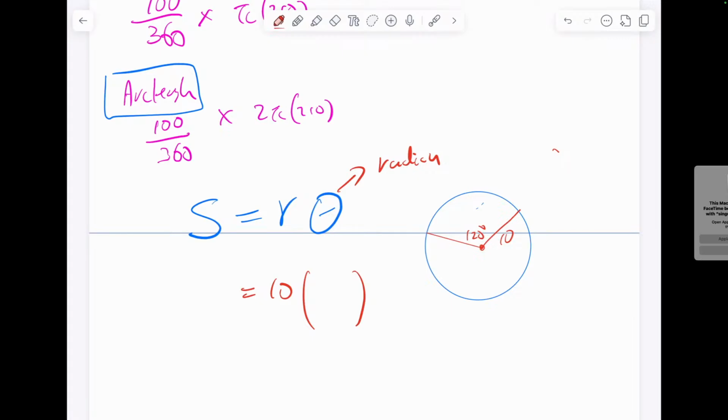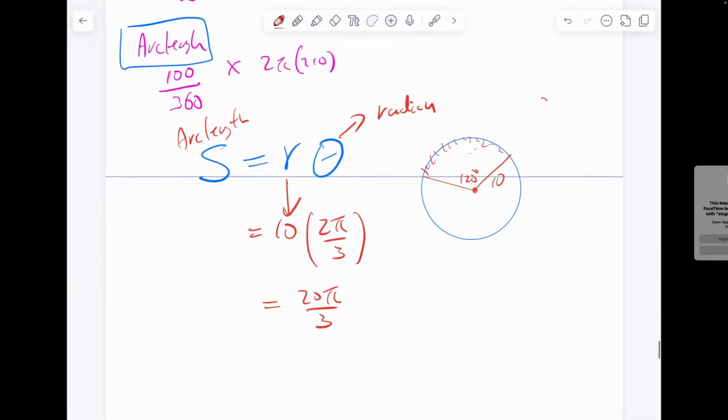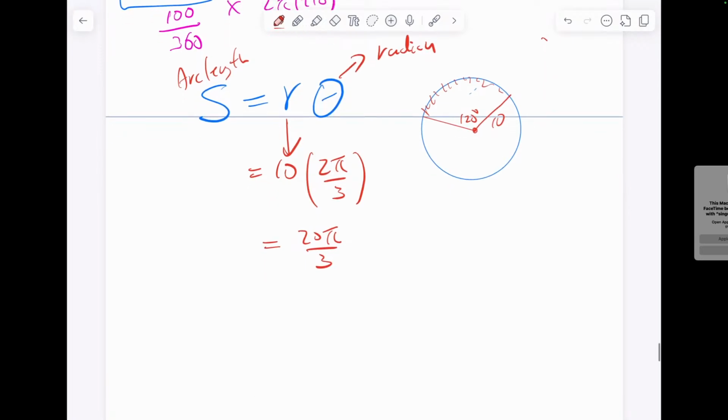Yes, 1/3 pi. No, 2 pi over 3. Good. So there'll be 20 pi over 3. The arc length is going to be 20 pi over 3. So S equals r theta, but theta has to be in radians. Now let's say you don't know this equation and you want to go the common sense way: that's 120 over 360, right?